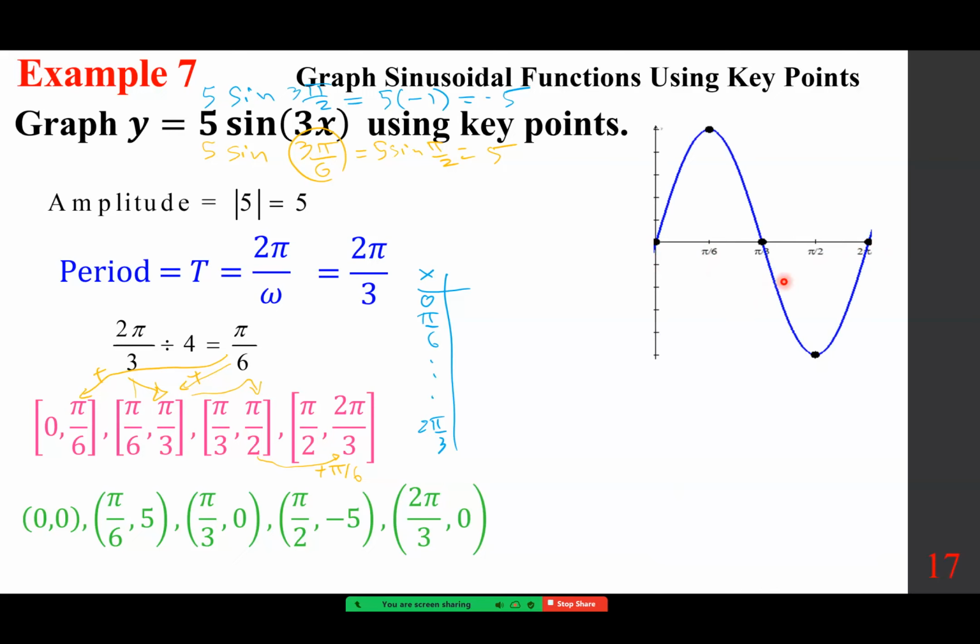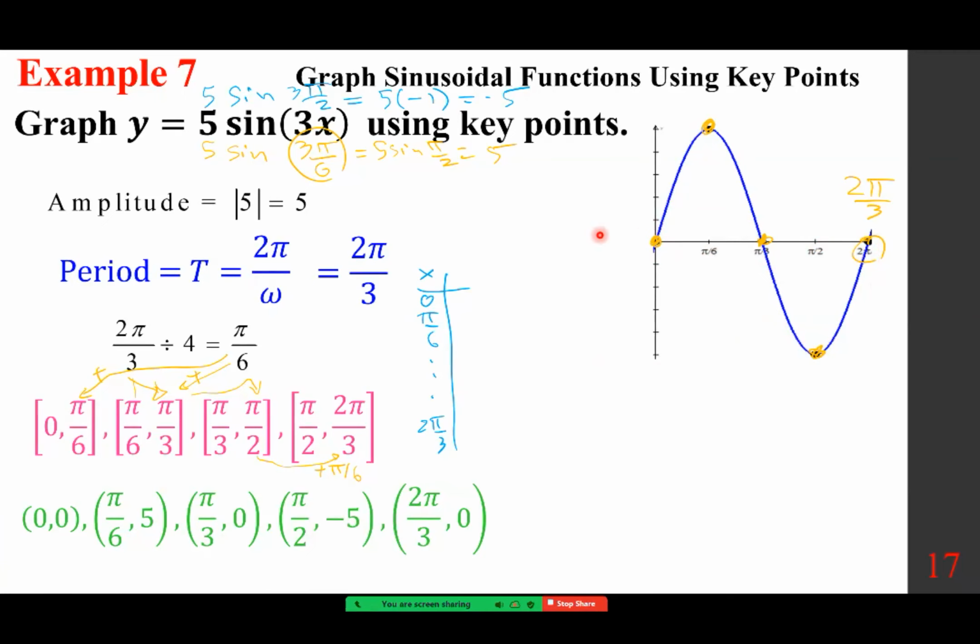Remember, this is 2 pi over 3 because it doesn't show that. And so we have the endpoints that we calculated: pi over 6, pi over 3, pi over 2, and 2 pi over 3.